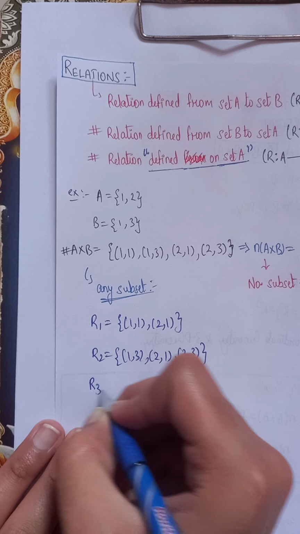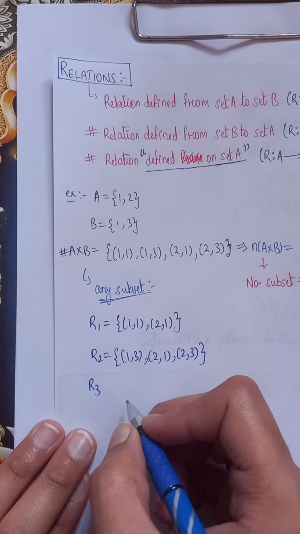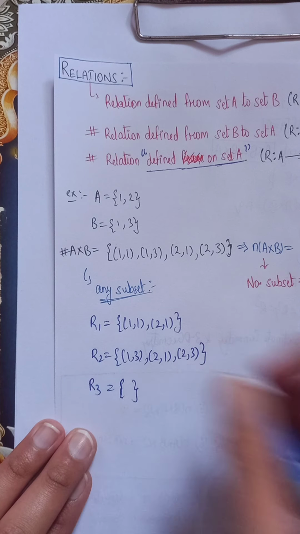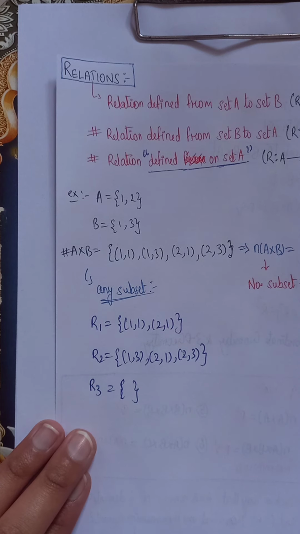R3, suppose let's take R3 as an empty relation, that is the null set.